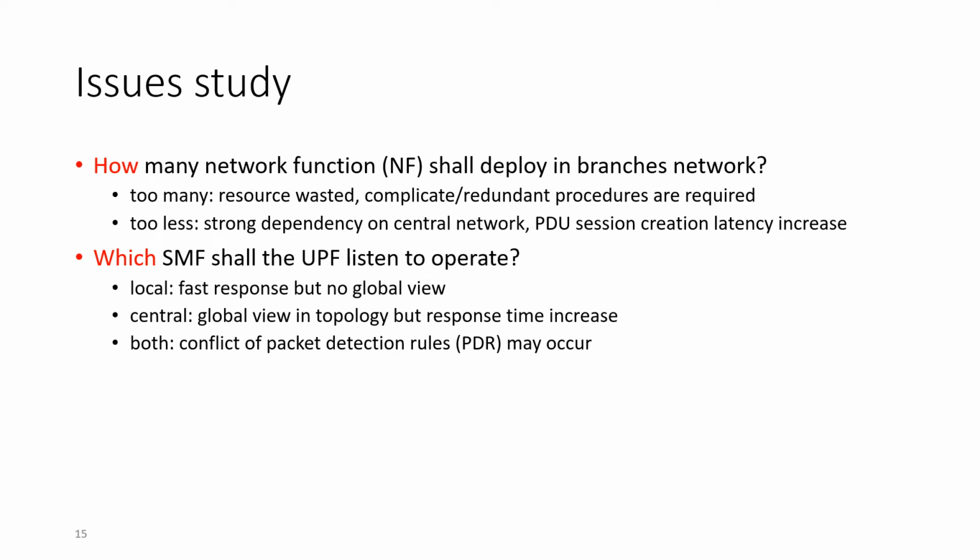The SMF in the central has a global view, but the response time will increase. If we need to put both there, the packet detection rules in the UPF might conflict.